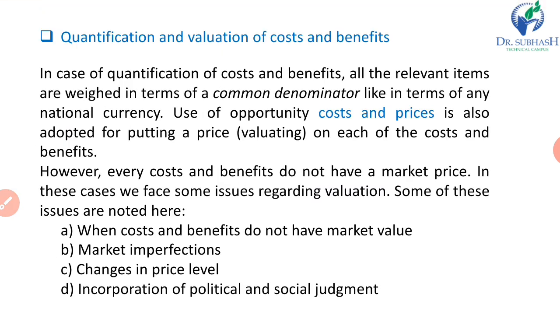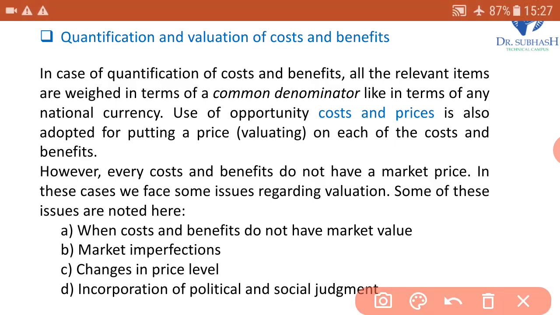Now quantification and valuation of costs and benefits. In case of quantification of cost and benefits, all the relevant items are weighted in terms of the common denominator, like any national currency.